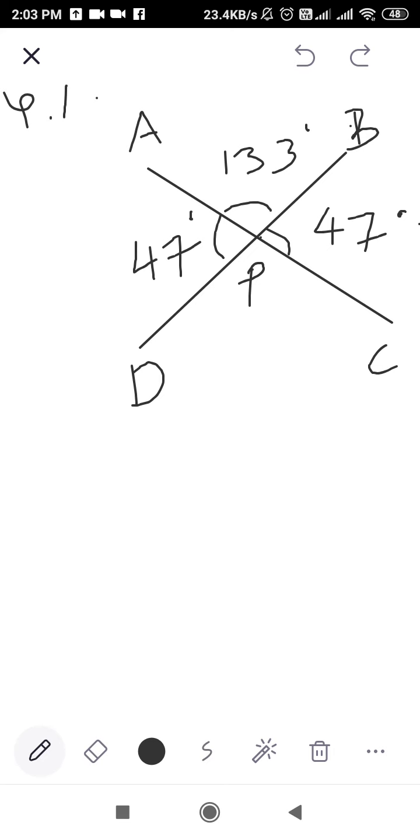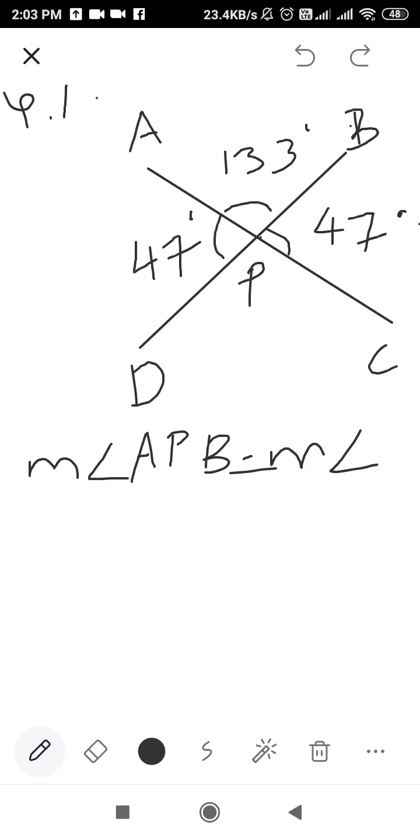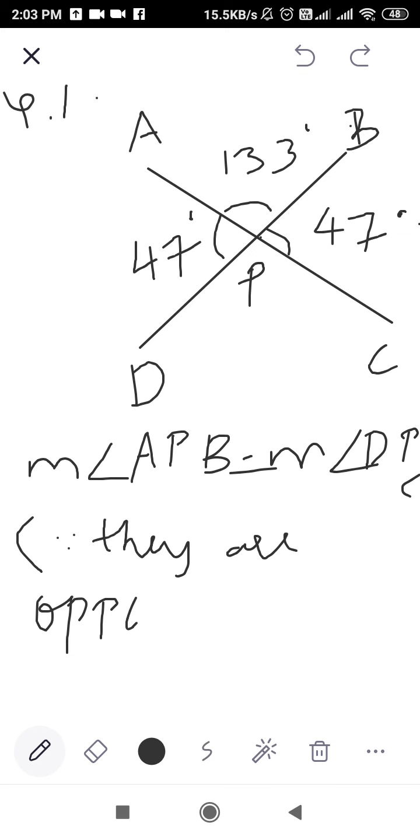So we will solve it here. Measurement of angle APB will be equal to measurement of angle DPC, and in bracket you will write the reason, since they are opposite angles, right? And opposite angles are congruent.